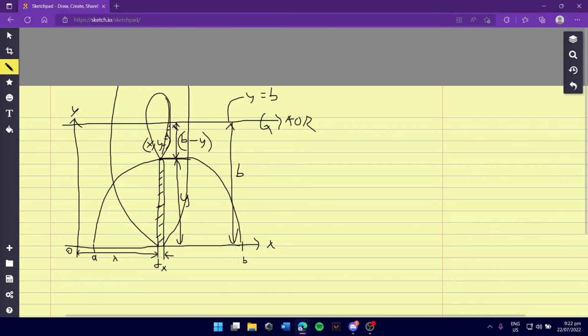As you can see, this is like a disc, but there's a hole inside the disc. So this is your washer, right? Like that.